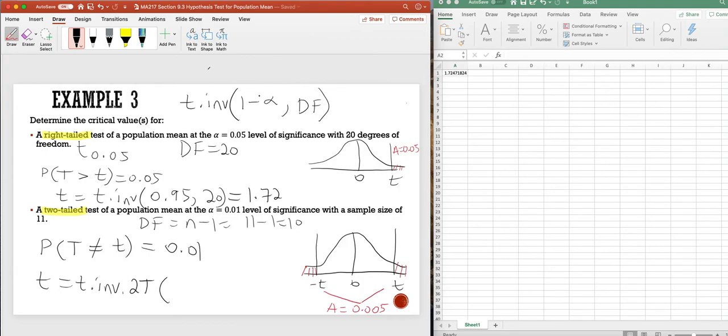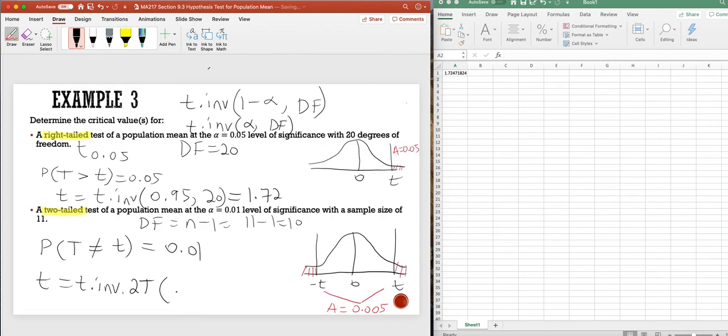So this one takes the form of T.INV.2T of alpha and the degree of freedom.